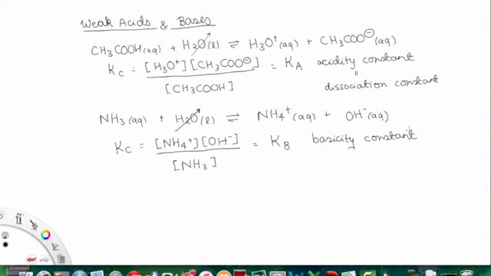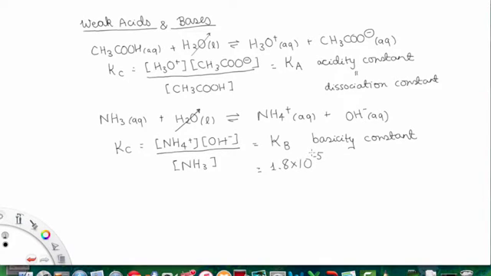So this makes sense, right? Ka, the acidity constant, is used when we write out the equilibrium constant of a weak acid reaction, whereas the basicity constant is used when you write out the equilibrium constant for a weak base dissociation. As an example, the Kb for ammonia in water at 25 degrees is about 1.8 times 10 to the power of -5.